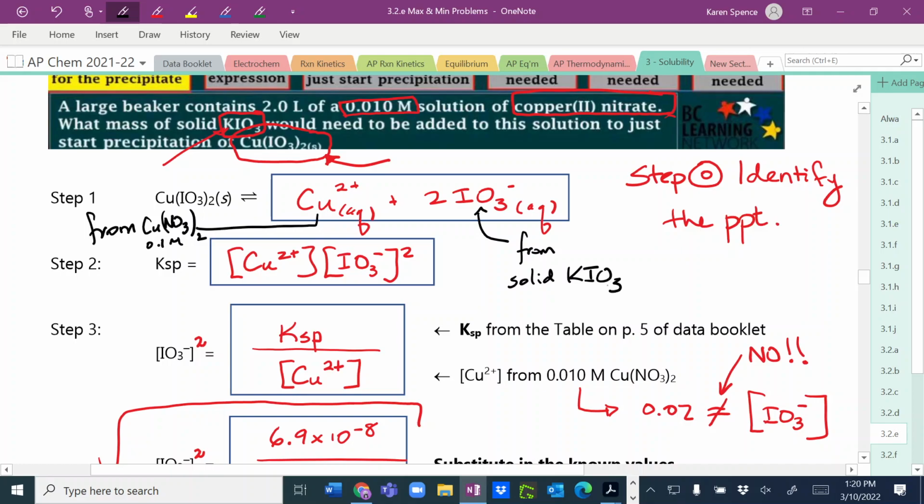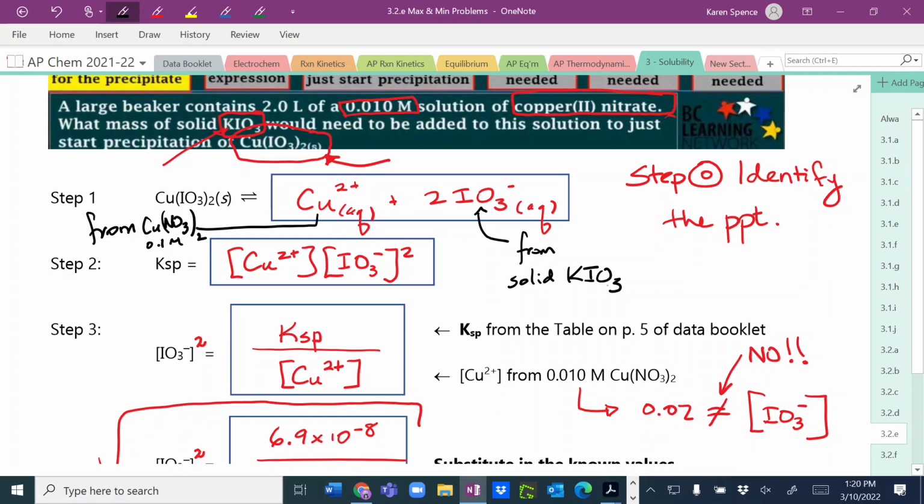And it goes in as a solid. Does it have any relation to the copper nitrate? No. So that's why it's not twice as much, because it is not coming from copper iodate, it's coming from potassium iodate. Does that make sense?